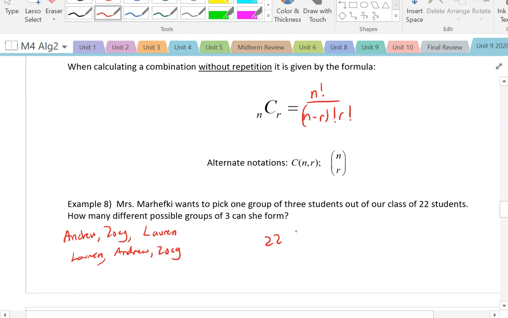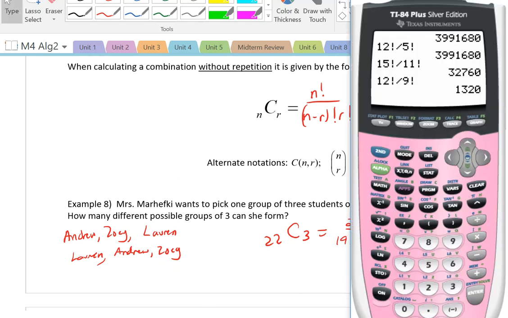So of our 22, I want to choose 3: 22 factorial over 19 factorial times 3 factorial. One thing about how I'm going to type this in the calculator, you need to make sure that this denominator has parentheses around it, because otherwise it's going to divide by the 19 factorial and then multiply by the 3 factorial.